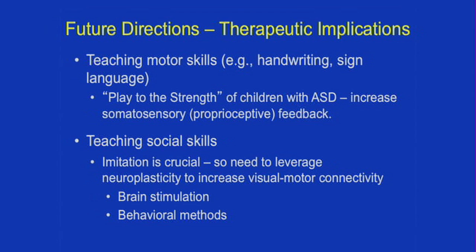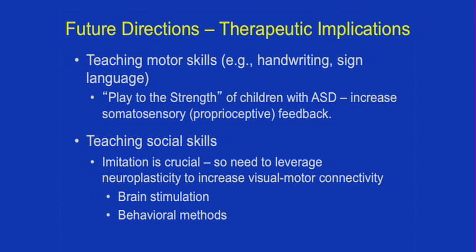The problem with these kinds of approaches is that they may be useful for teaching particular motor skills, but teaching social skills is hard to do through proprioception. Maybe particular gestures, such as signs or other specific gestures, you might be able to teach them to perform better.